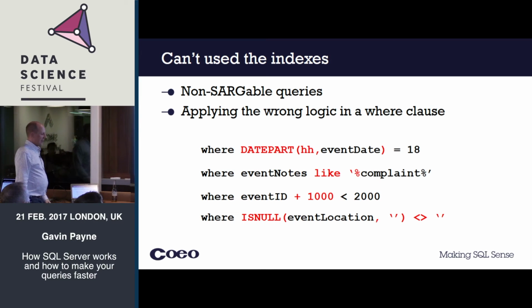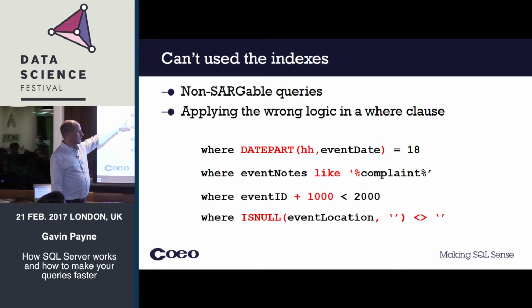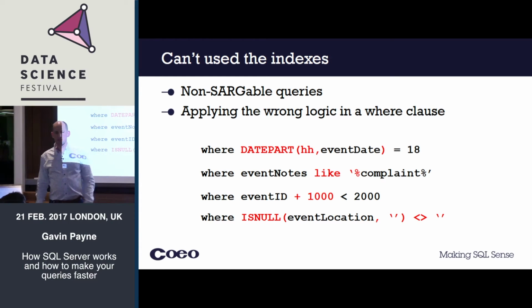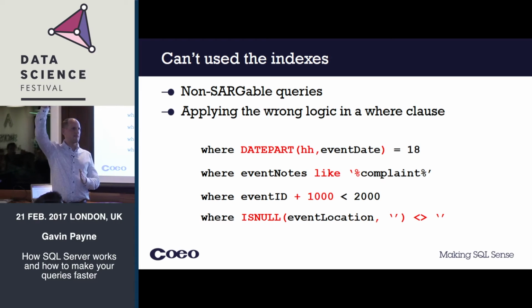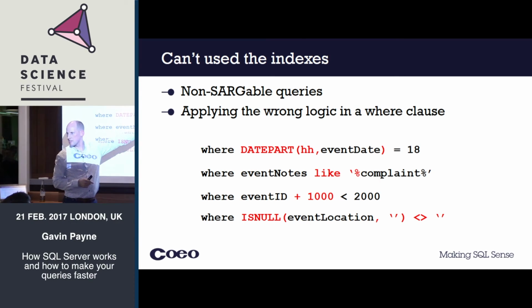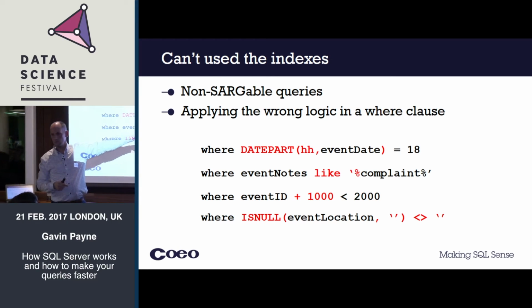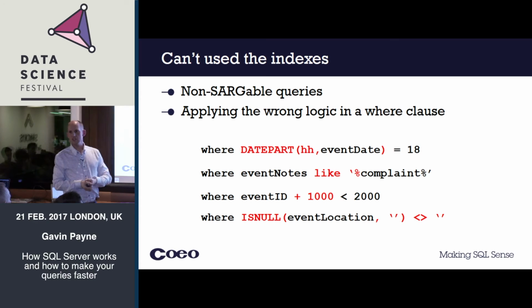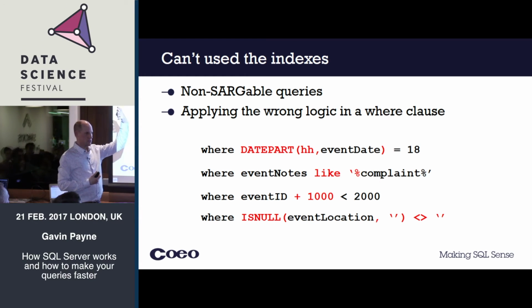So what I mean by that is, if in my where statement I'm applying a function to the column, SQL Server has to apply that function to every row in the table as it scans through it to see if the answer was 18. So where we put a function in our where clause, we immediately turn our seek into a scan, because it has to apply that function to every row.